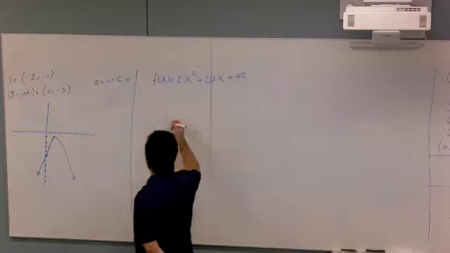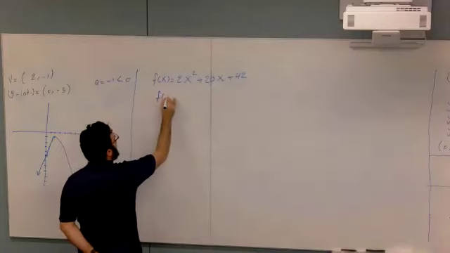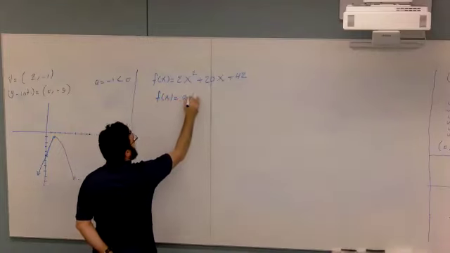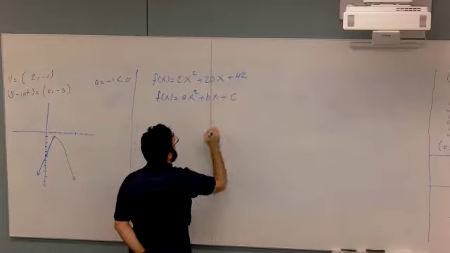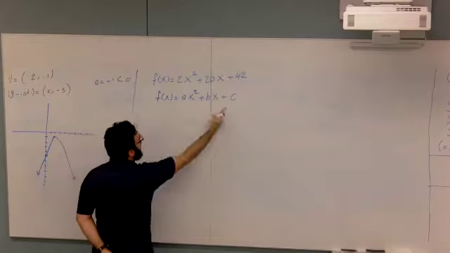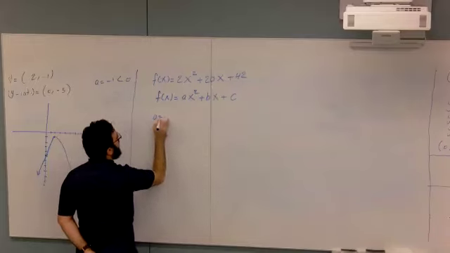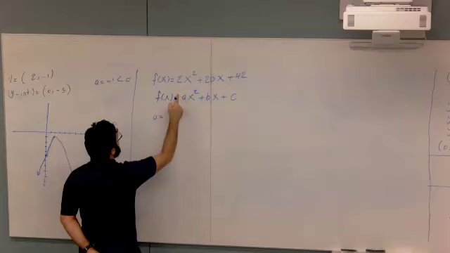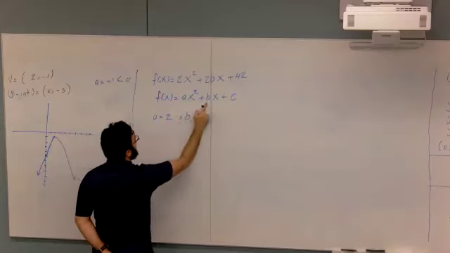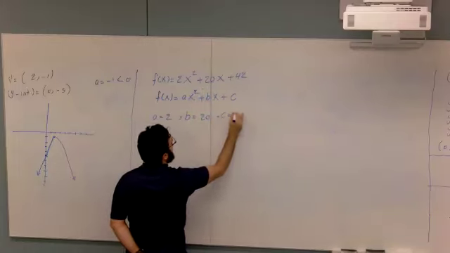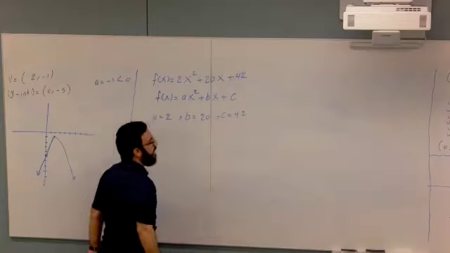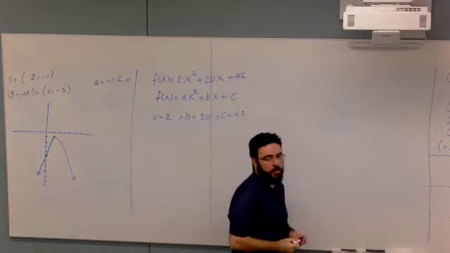The general form is f(x) = ax² + bx + c. So my goal is to write down this form. How much is the value of a? 2. How much is the value of b? 20. And how much is the value of c? 42.